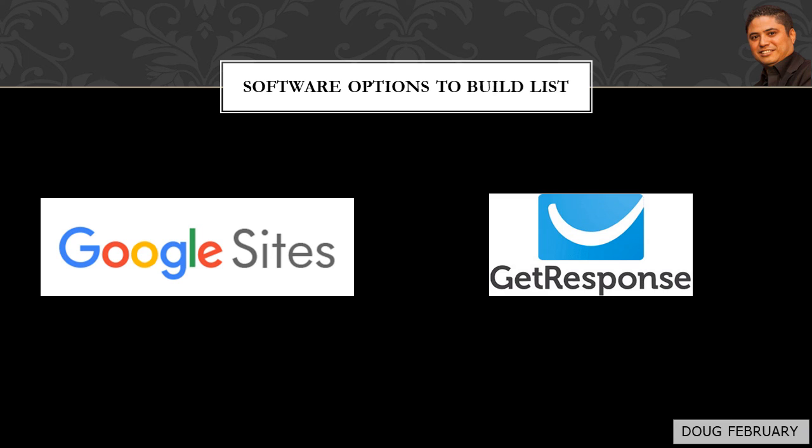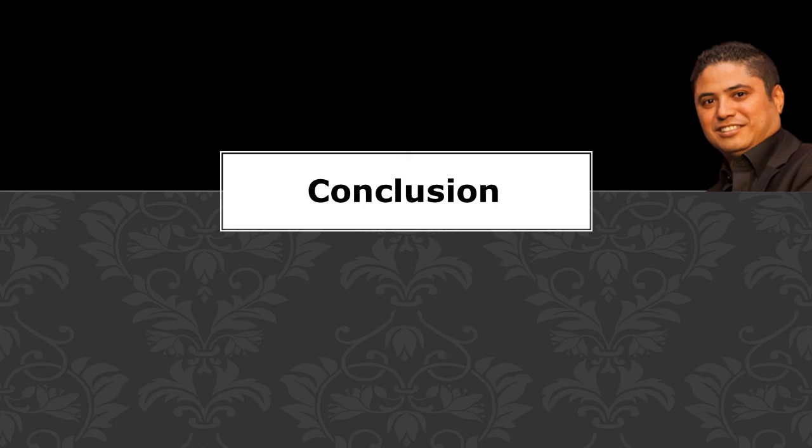So as I said, I'm going to be taking you through Google Sites and GetResponse, but due to the length of this training, I'm going to end this video now. I'll be creating separate videos on how to create landing pages and build a list with Google Sites, and then I'll show you how to build a list using GetResponse as well. We've come to the end of this lesson, and as I said, we're actually not finished with list building, but I'm splitting the training lesson up now so that it is not too much for you to absorb all in one lesson.